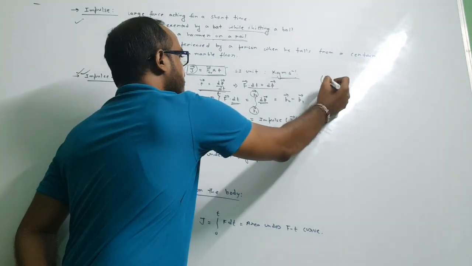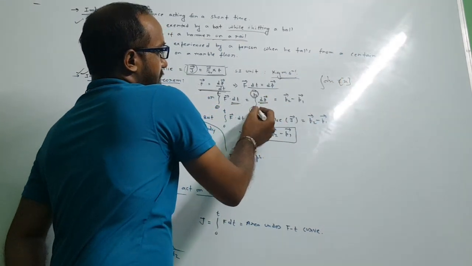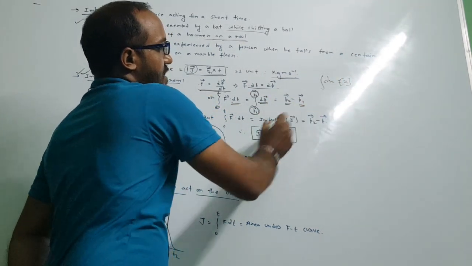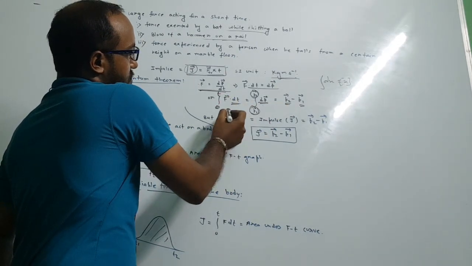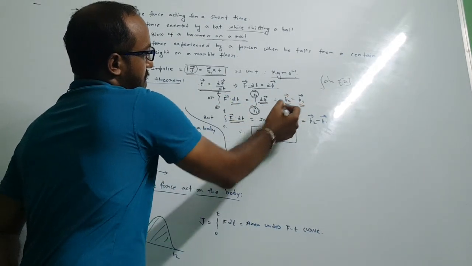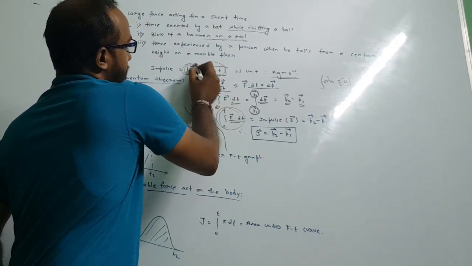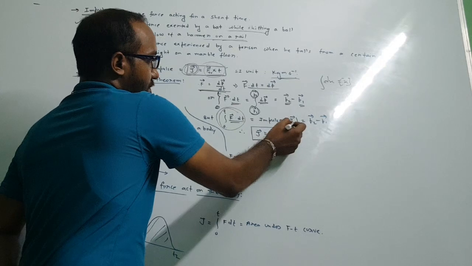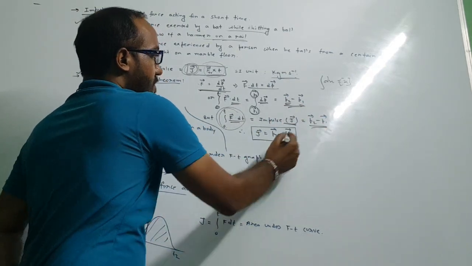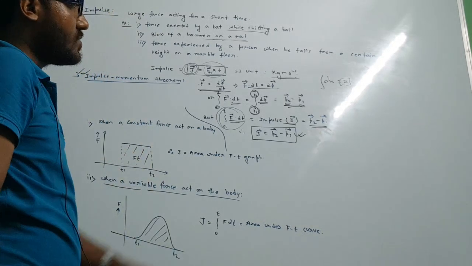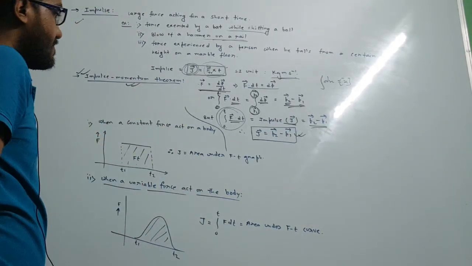Integration of dx is x, so apply upper limit minus lower limit, p2 minus p1. So what we got, integration 0 to t of f dt. What is f dt? F dt is actually your impulse. So impulse equals change in momentum. This is known as J equals P2 minus P1. This is known as impulse momentum theorem.